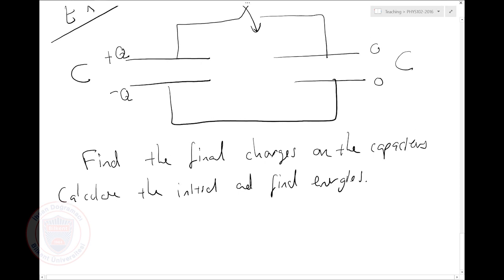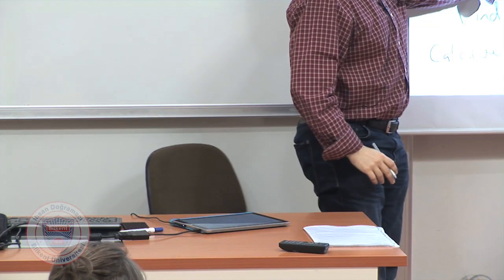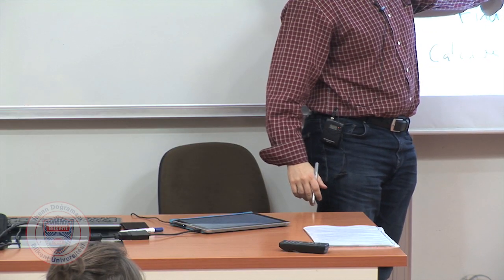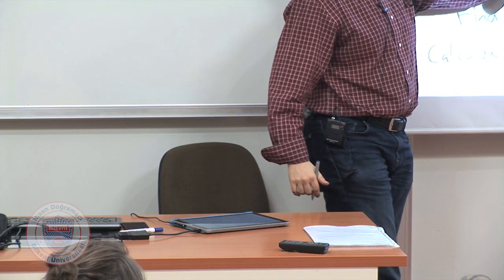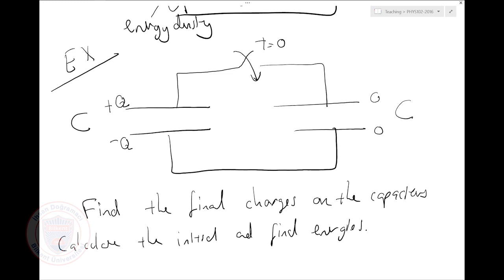Okay, so what happens when I close the circuit? Will there be any charges flowing? Charges will flow. It's like touching two spheres, right? If I take the potential of the lower point to be 0, the upper point here is at potential Q divided by C. But the second capacitor is uncharged.